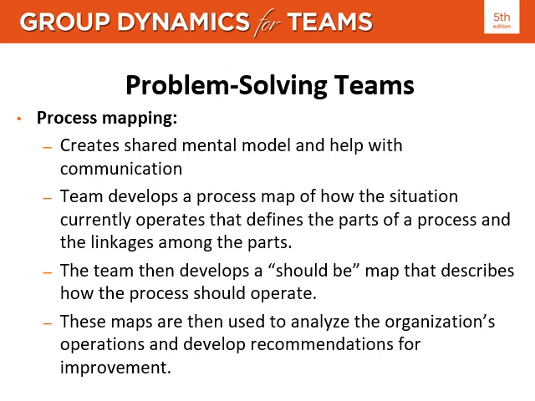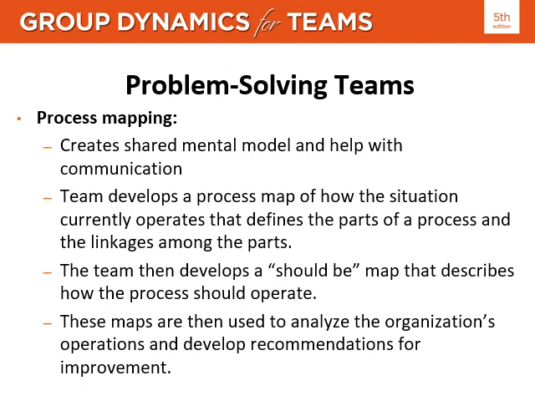A problem-solving team may use an engineering problem-solving technique called process mapping. Process mapping works as a problem-solving tool because it leads to the construction of that shared mental model that we talked about on the previous slide. The team develops a process map of how the situation currently operates.